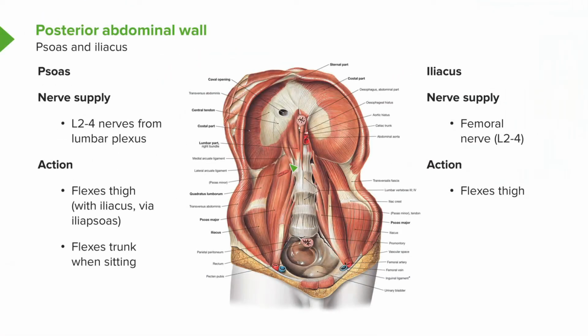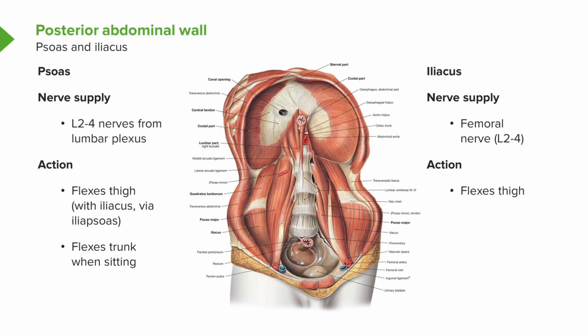If we look at iliacus, then the origin of iliacus is coming from the iliac crest. Here we can see the iliac crest running around here, and iliacus is coming away from that iliac crest, filling the iliac fossa. This muscle combines with psoas, like I've just mentioned, to form iliopsoas and attaches to the lesser trochanter of the femur.